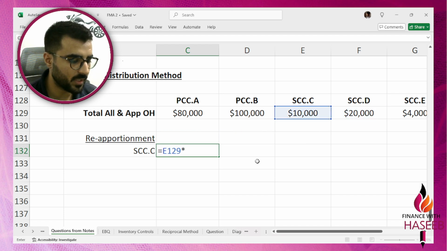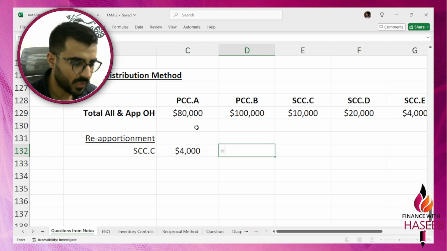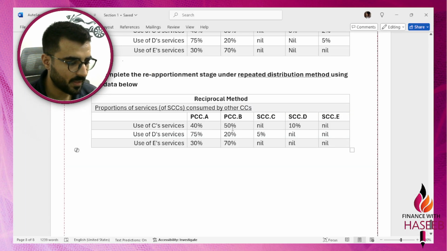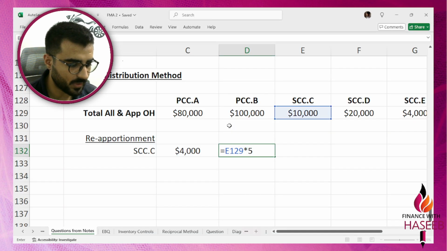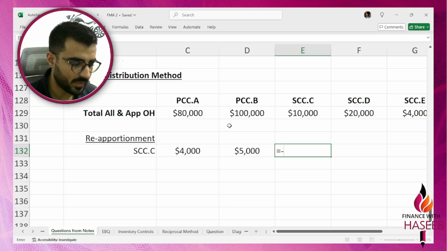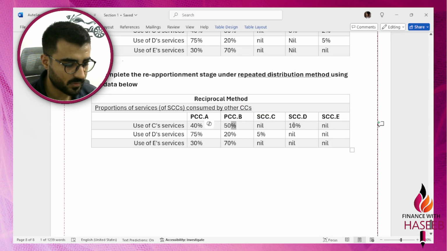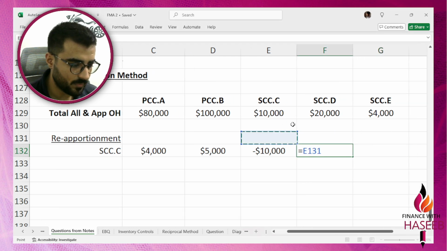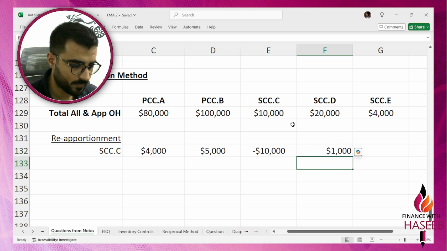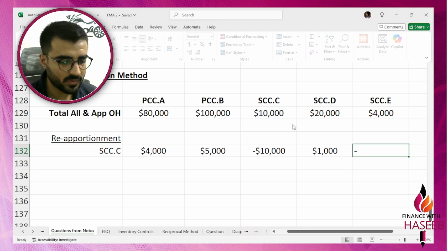So 10,000 multiplied by 40% here, and then 10,000 multiplied by 50% for production cost center B, and then here we will write the negative figure, and then for service cost center D, 10%. So 10,000 multiplied by 10%. And here there is no overhead shared out to service cost center E.